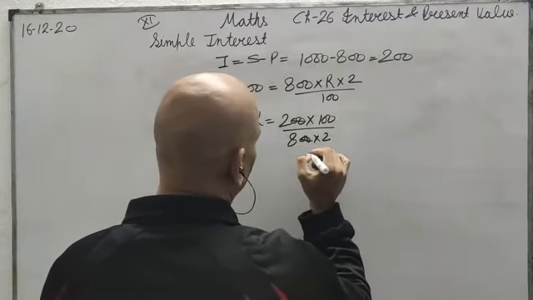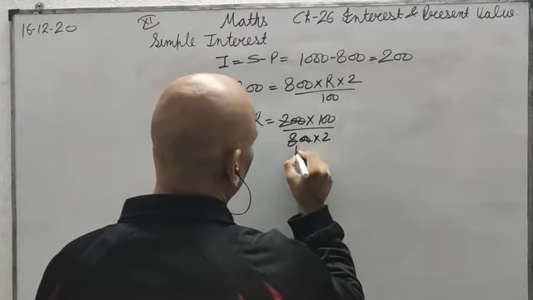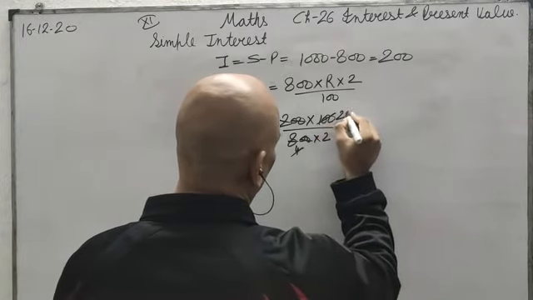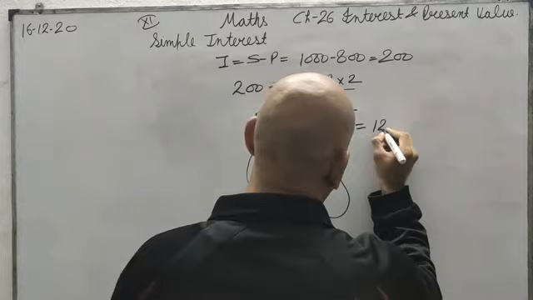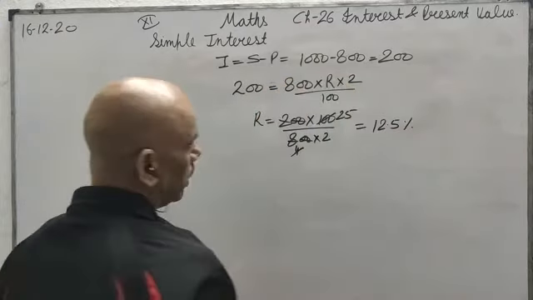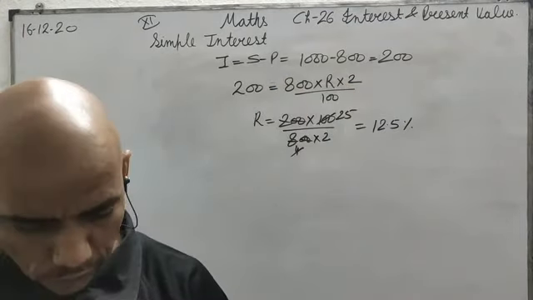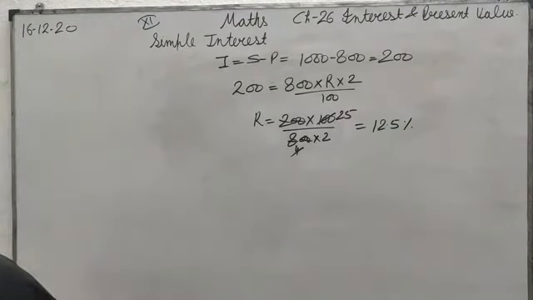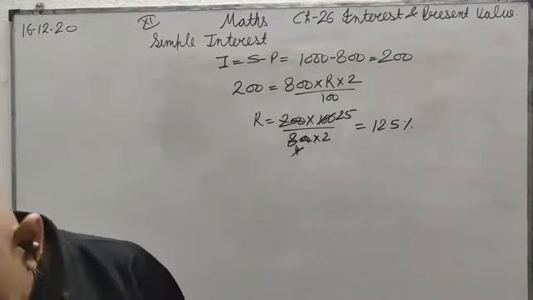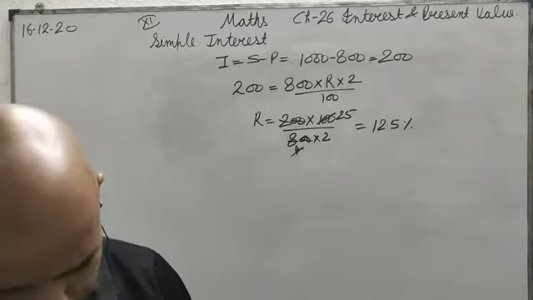Double zero cancels. 2 4s are 8. 25. 25 by 2 is 12.5. So the rate should be 12.5%. Rate should be 12.5% in this case. Okay. Let us see the next question.